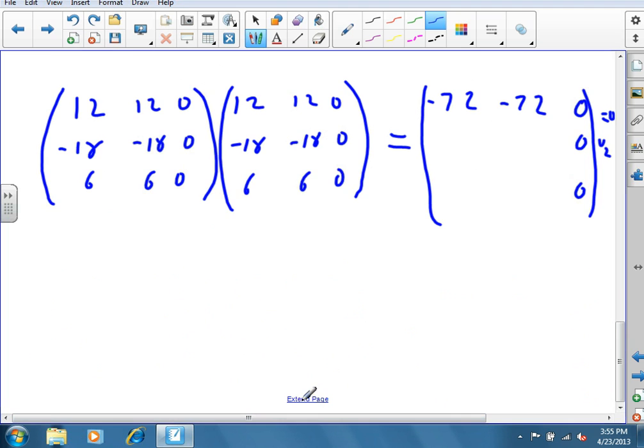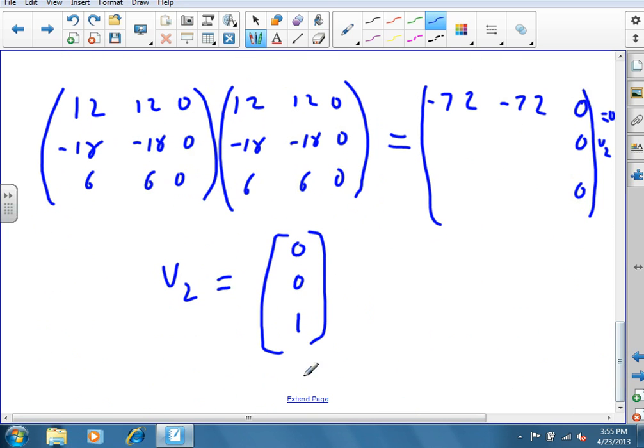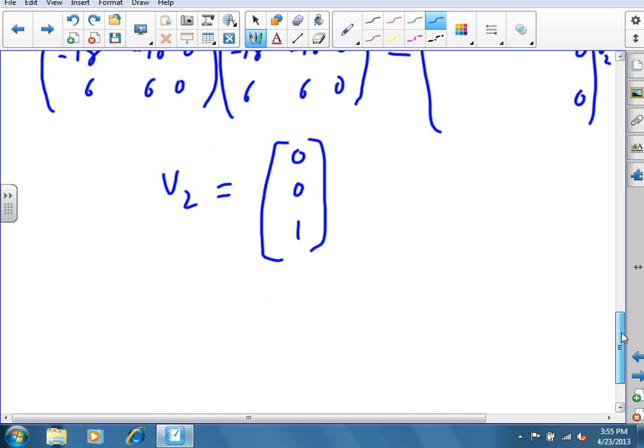Okay, so V2, because I have all zeros there, V2 can be 0, 0, 1, and that's perfectly okay. And that's why I don't have to do the rest of those, because that will give me 0. And that's linearly independent to my other guy up there. All right, now we got to solve for V3, even though it says V1. So I'm going to take A minus lambda I, V2.